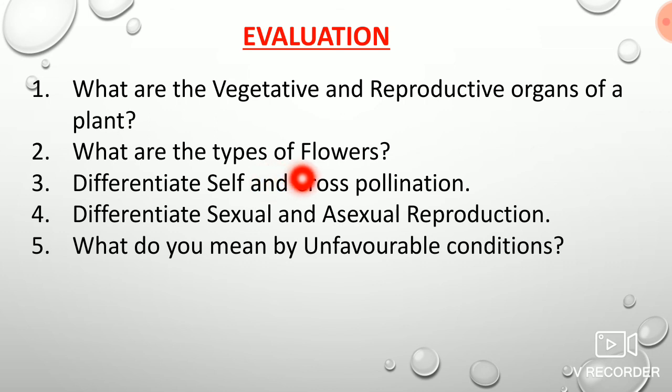What are the types of flowers? Question number 3. Differentiate self and cross-pollination. Question number 4. Differentiate sexual and asexual reproduction. Question number 5. What do you mean by unfavorable conditions?